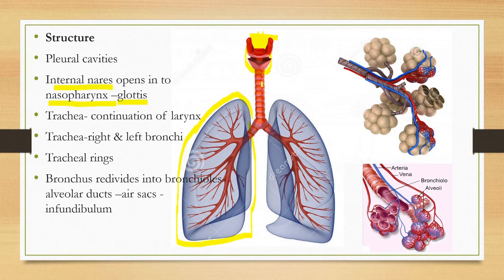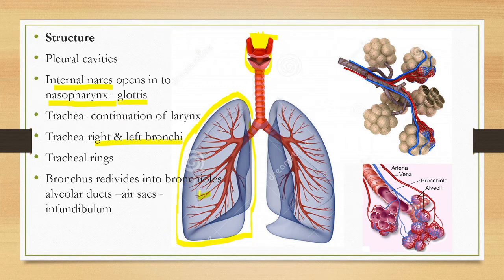The trachea is covered and protected by incomplete C-shaped cartilaginous rings. Then it divides into two, into right and left bronchi, going to the right lung and left lung. In the lungs, they again divide and redivide into minute branches called bronchioles.